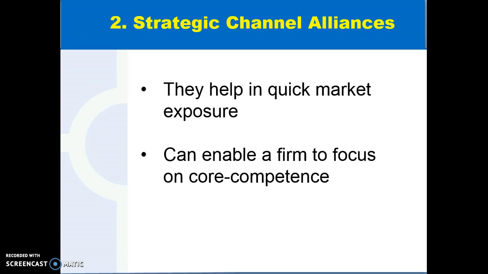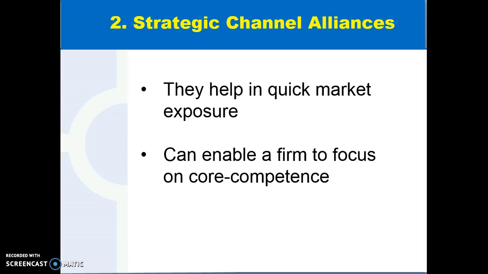Another example is that of Burger King. When Burger King wanted to start selling coffee, just like McDonald's and Starbucks, it struck a strategic alliance with the Seattle's best coffee company, SBC. With this alliance, SBC got immediate access to about 7,000 store locations of Burger King for selling coffee.